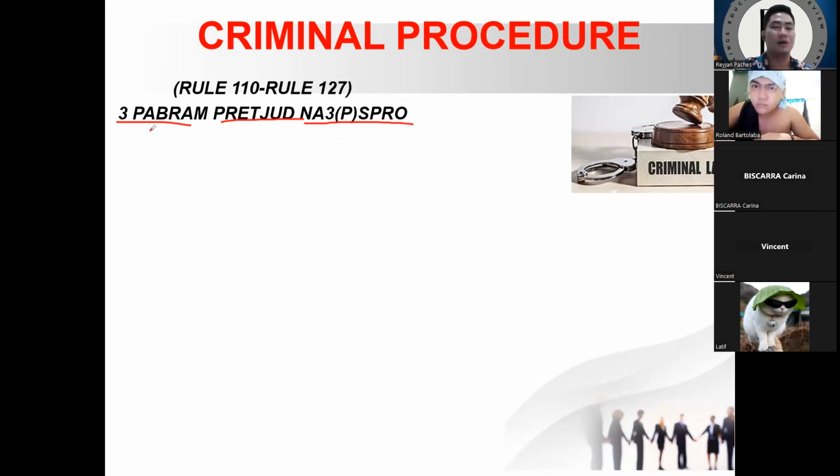So meaning, we have the 3P. Tapos letter A, then we have letter B, we have the R, we have the A, then of course we have the M. We have the PRE, T, JUD, then NAPS Pro. Mamaya isa-isahin natin, class, ang ibig sabihin ng mga acronym na yan.